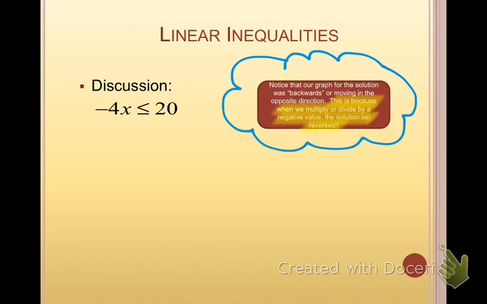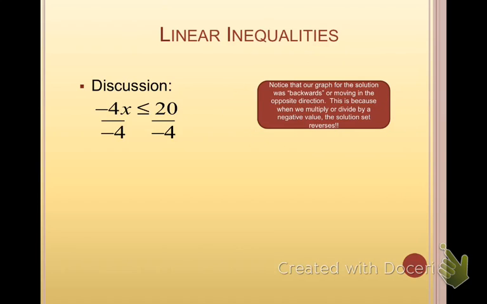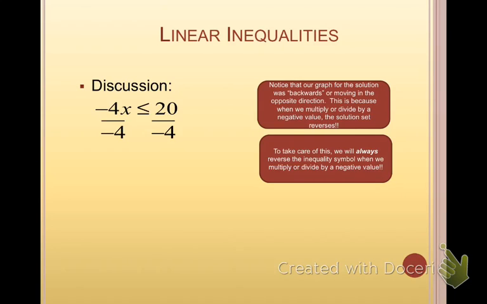What really needs to happen here is that when you divide by this -4, your inequality symbol needs to reverse, or flip, we often say. Notice that this symbol went from this direction to the other direction, and that was because we divided by -4.